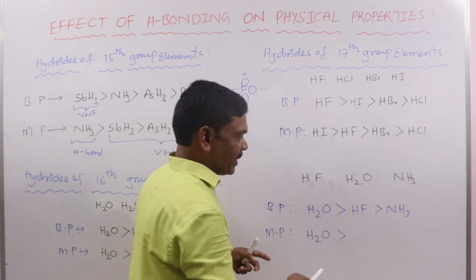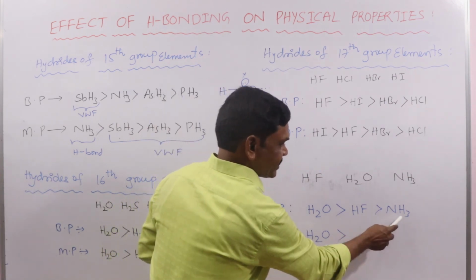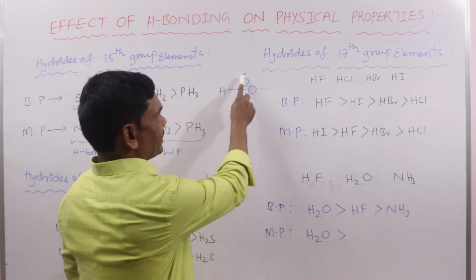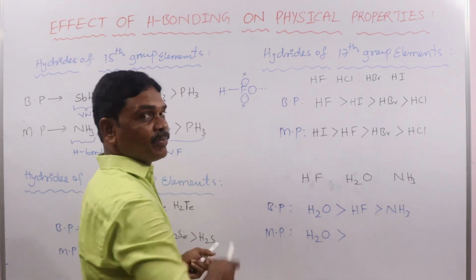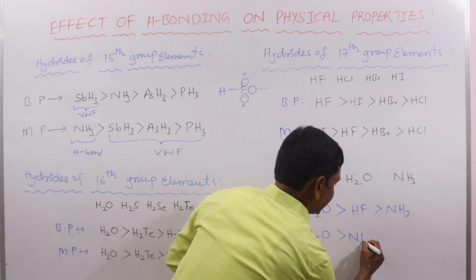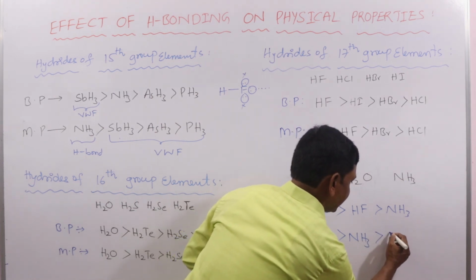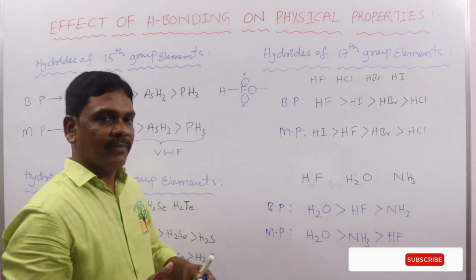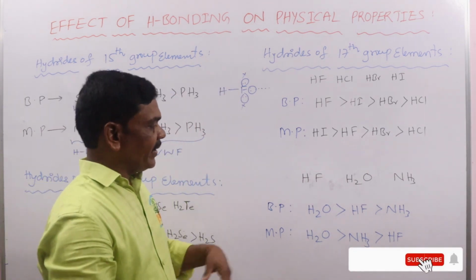Whereas in case of this, the extent of hydrogen bonding is 4, but in case of this, the extent of hydrogen bonding is only 2. So that's why here H2O is greater than ammonia is greater than hydrogen fluoride. So this is in different compounds.